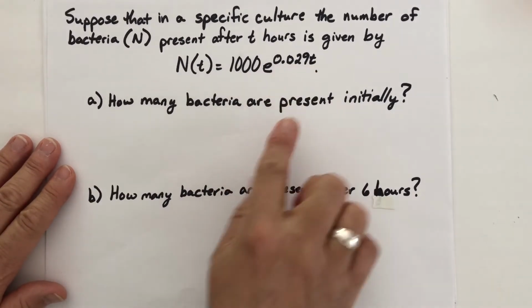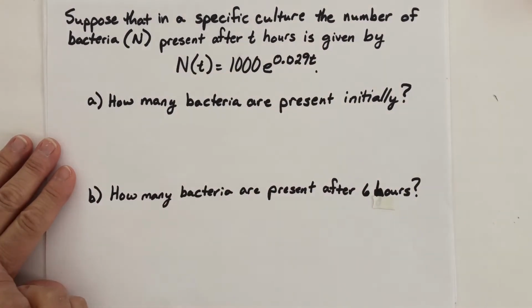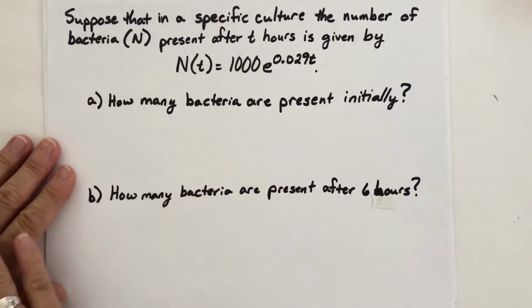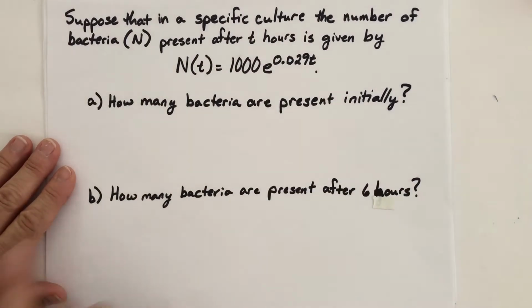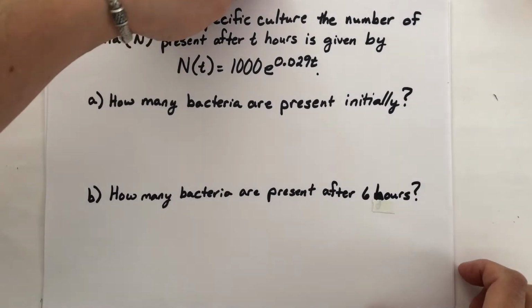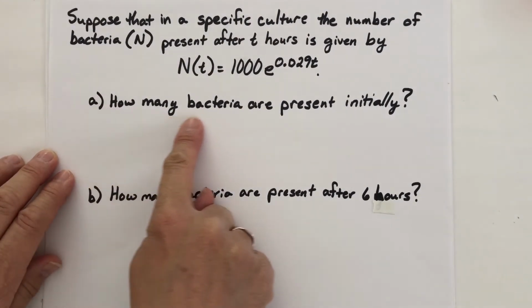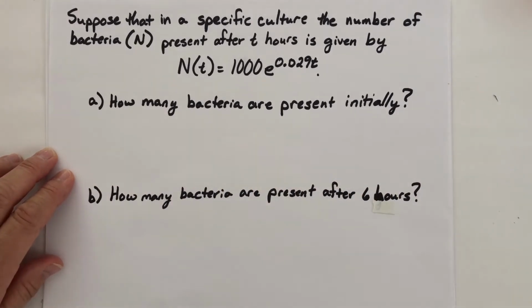and as we put in positive t values, this exponent is going to be positive. We know that the curve is going to be increasing. So whatever this population is, we know that the smallest value it will be is at time 0. I'm going to assume for the purposes of this problem that negative values are not acceptable to substitute in for time, because notice it says here how many bacteria are present initially, and generally that means we're talking about time 0.